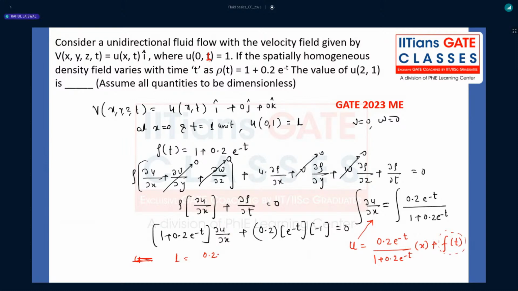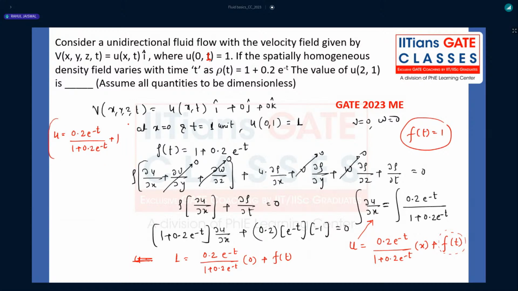When x is 0, this whole term will be gone. So f of t, you are getting one constant, that is equal to 1. Once we know f of t, we can put it in, that is u equals 0.2 e to the power minus t divided by 1 plus 0.2 e to the power minus t, times x, plus 1.